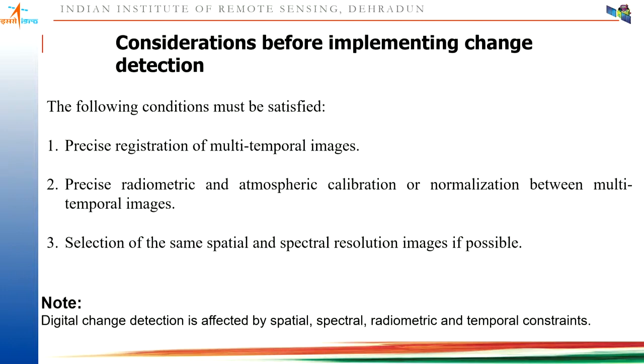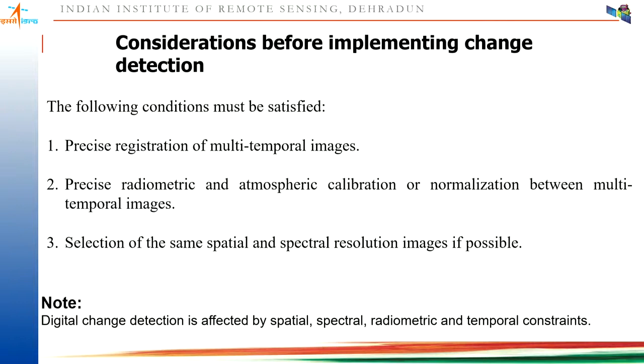Now, what should be the considerations when you are implementing change detection? As I have already said, we have to use multi-temporal images, meaning images taken at different time periods. These multi-temporal images should be precisely co-registered with each other. It should not happen that your images are not perfectly co-registered.